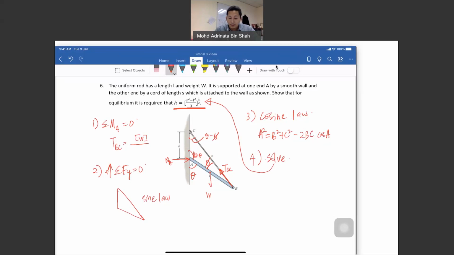I hope that you will try to prove this problem, and I hope that you can get the answer. So just prove it using your knowledge of cosine and sine law.